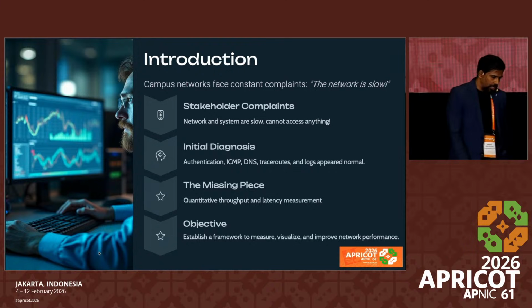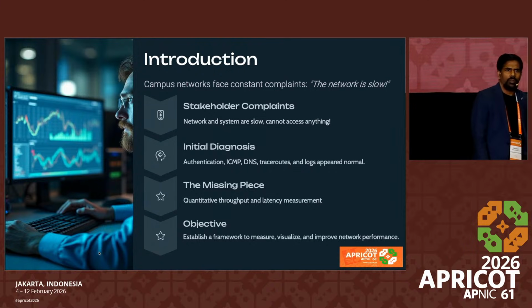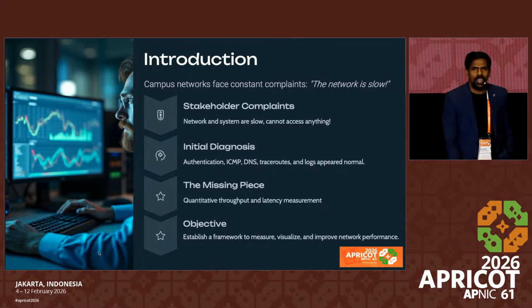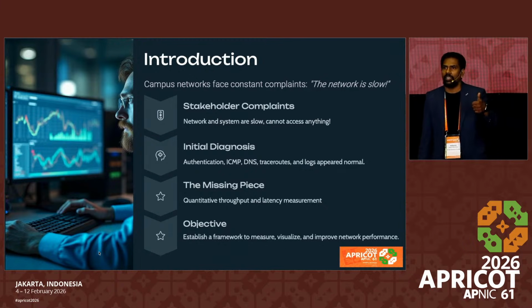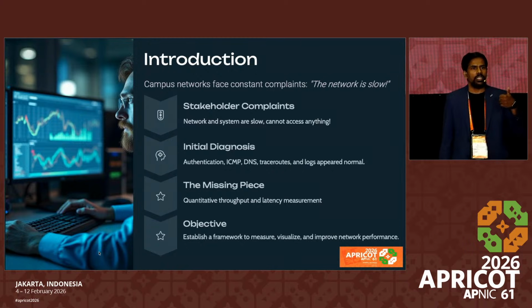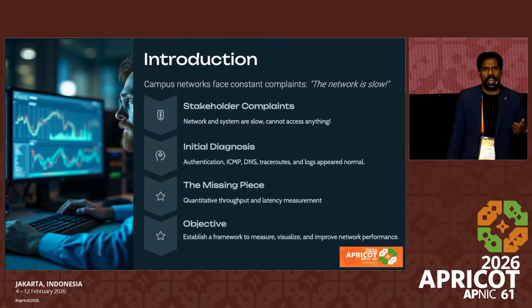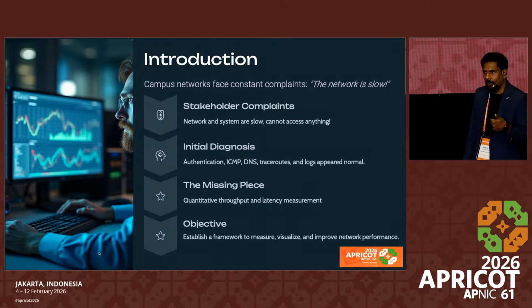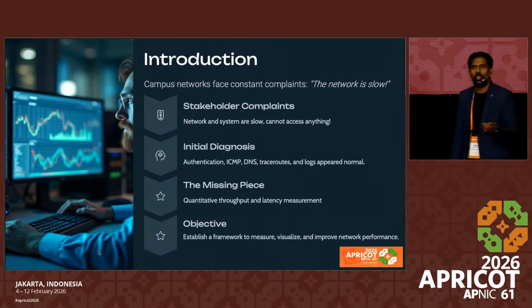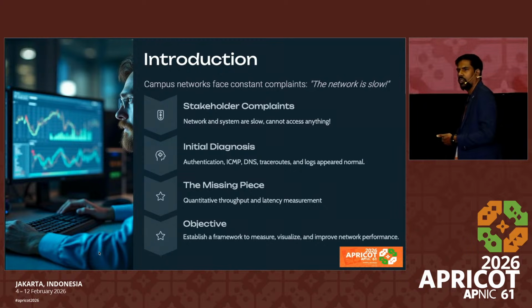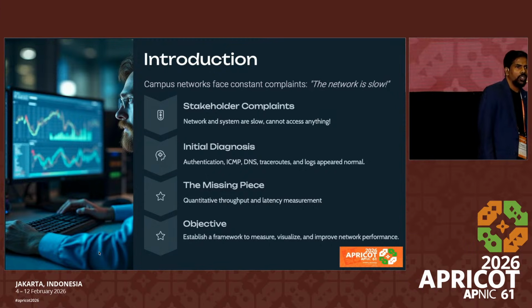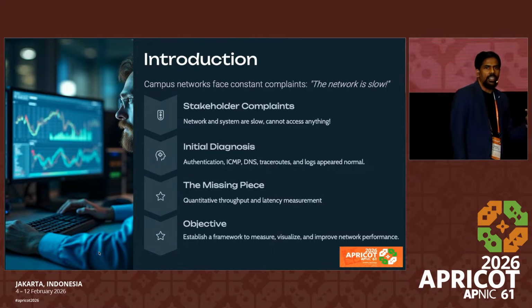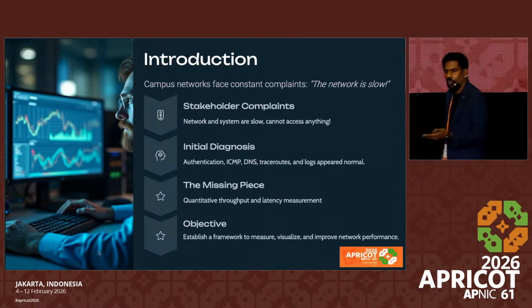So what do we do initially? As engineers, we start troubleshooting. First, we check whether there is any issue with authentication. Are they using the proper username and password? Second, use the ICMP protocol to ping and check connectivity. Third, use nslookup to see whether DNS is working or not. The fourth, we check the path using traceroute.